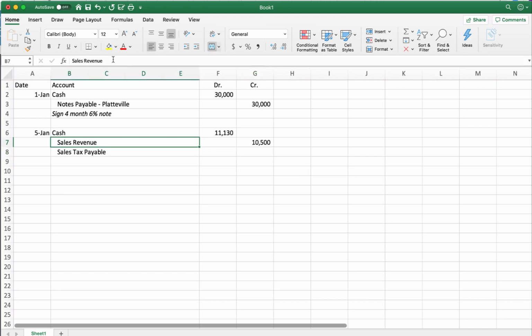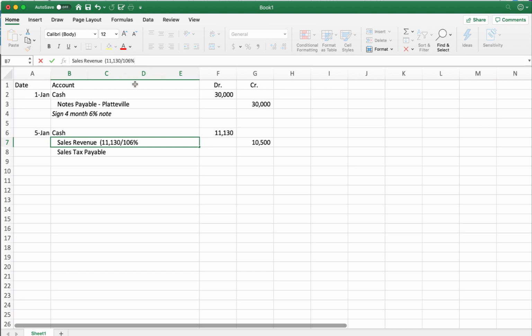Now you don't have to do this, but in here, I'm going to go ahead and say, all right, how did I calculate that sales revenue? Well, I took my cash, which was 11,130, and then I divided that by 106%.